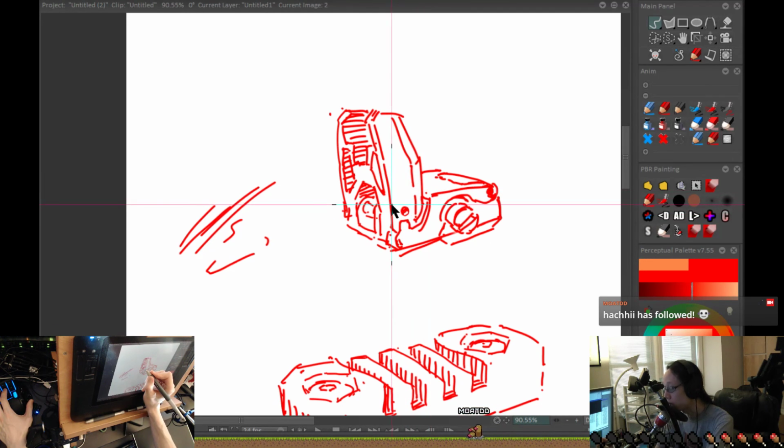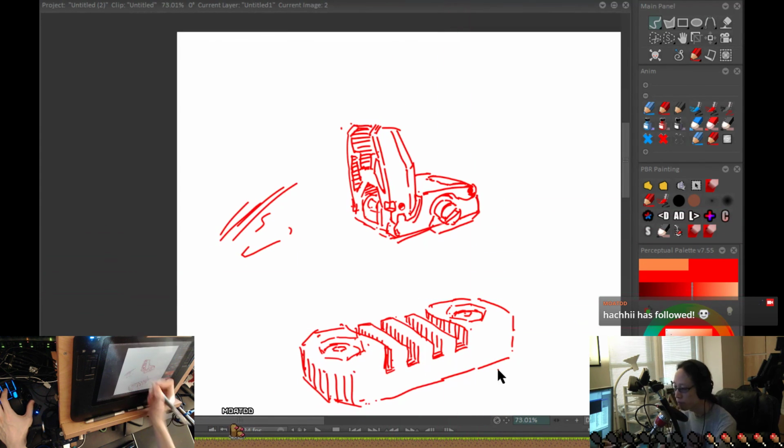So I need to cut out the other hinge piece right here. I'm going to erase that away. And that recession's actually pretty deep. There we go. And then I can draw the little inner piece right there.